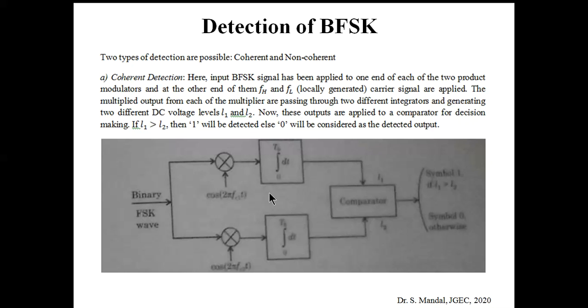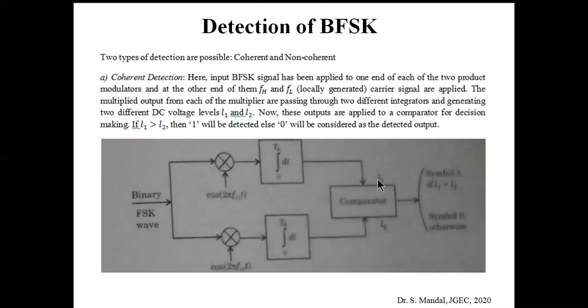In the case of the integrator, it will give a DC output voltage level. For the first integrator the output voltage level is L1, and for the second integrator the output voltage level is L2. How we get the DC voltage level was already discussed in the earlier class on coherent detection of ASK, so you can consider that.